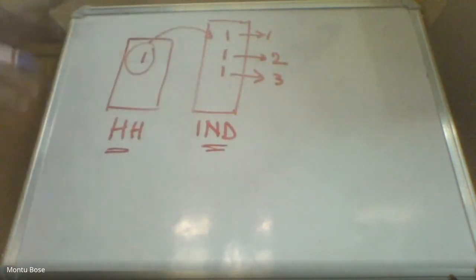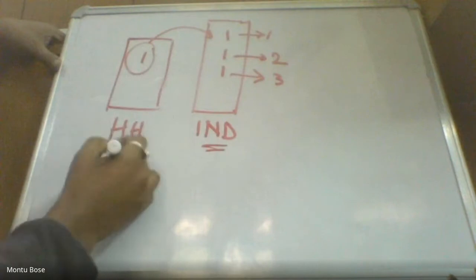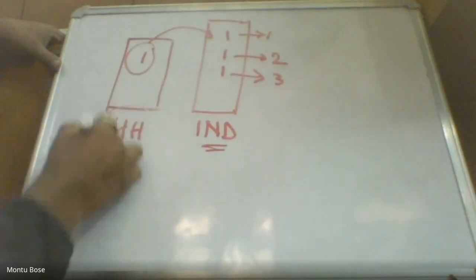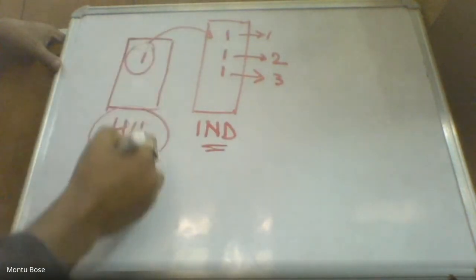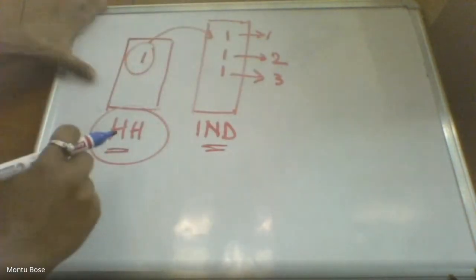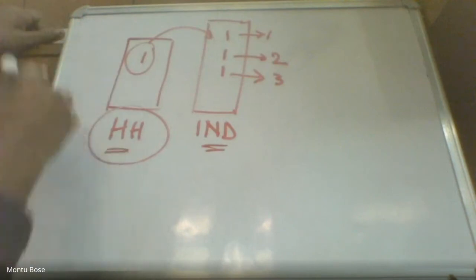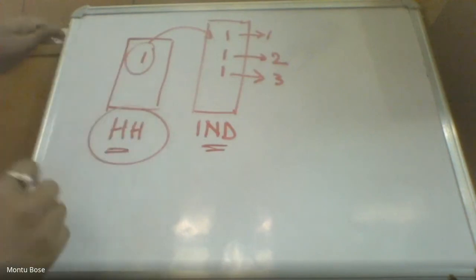To merge this data, to understand which individual belongs to which household, you need only one record available, which is known as the unique record or unique ID.